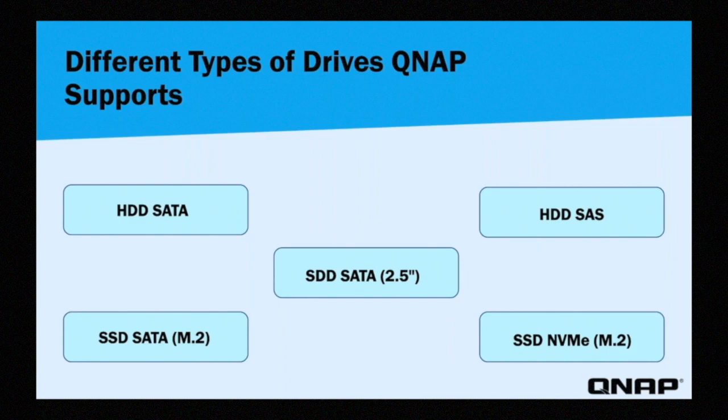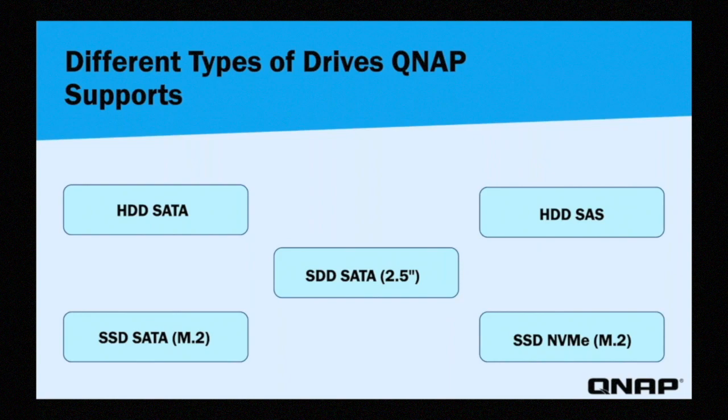So the standard QNAP drive bays allow for either 3.5-inch SATA HDDs or 2.5-inch SATA SSDs. So you can fill your QNAP NAS with HDDs, SSDs, or both. On top of that, some models will include additional 2.5-inch only drive bays.